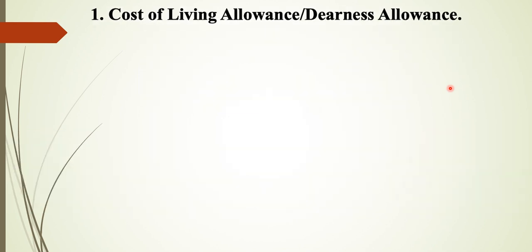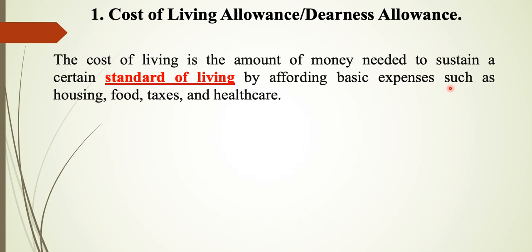Now the first one here is cost of living allowance or dearness allowance. So what is this cost of living allowance? The cost of living allowance is the amount of money which is needed to sustain a certain standard of living by affording basic expenses such as housing, food, taxes and healthcare.